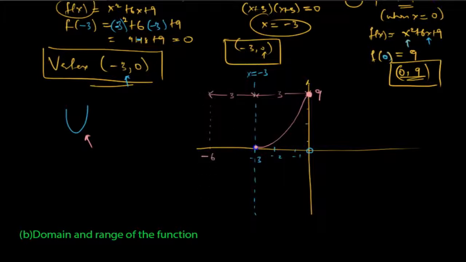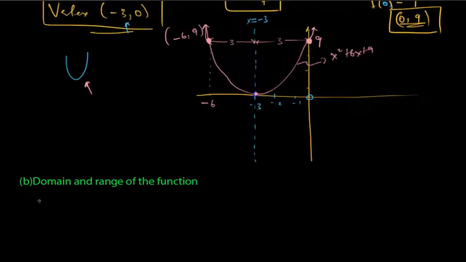In other words, the graph is supposed to pass through this point here. So when x is -6, f of x is 9. So this is -6, 9. The graph must also pass through this, and then it goes up in that direction. So that is the graph of the function x squared plus 6x plus 9.